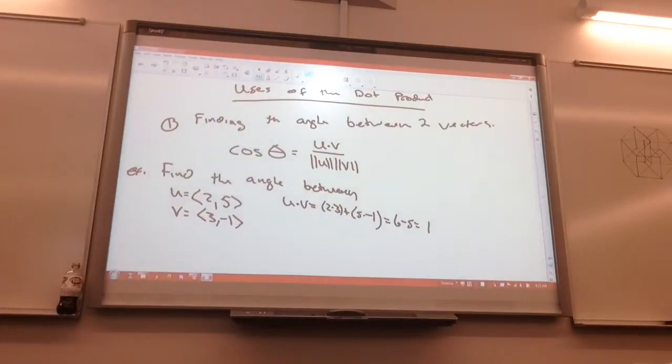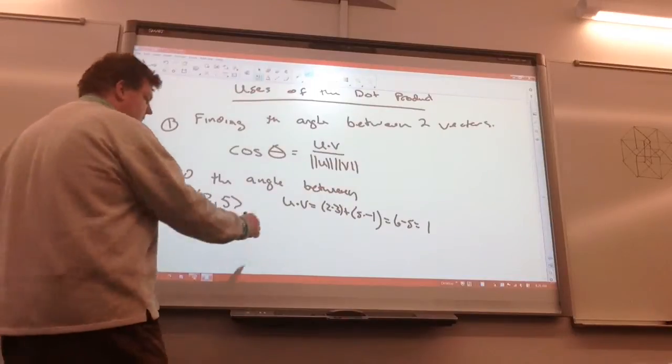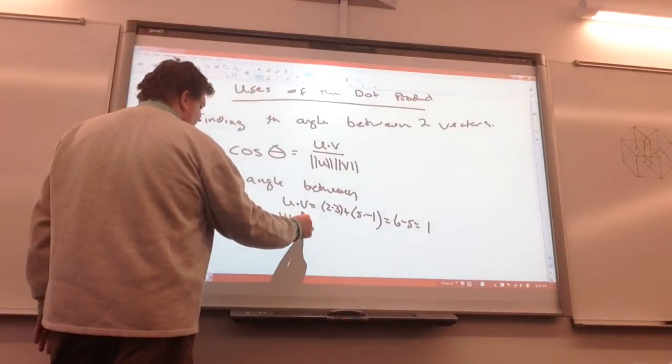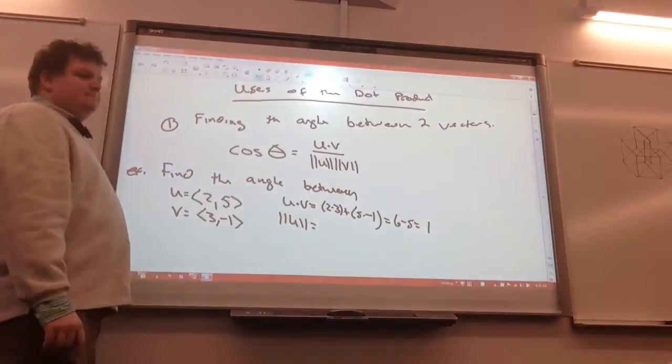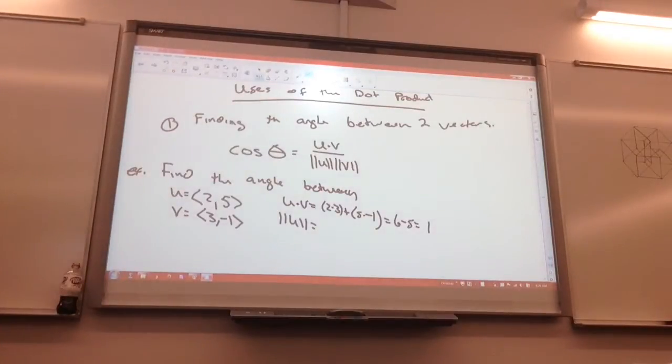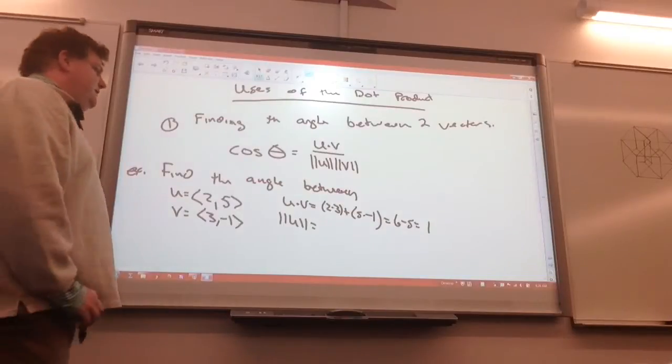And then next up is the magnitude of the two vectors. So what's the magnitude of u going to be? How would I find it? 2 squared plus 5 squared, and then take the square root. So it's the square root of 29.